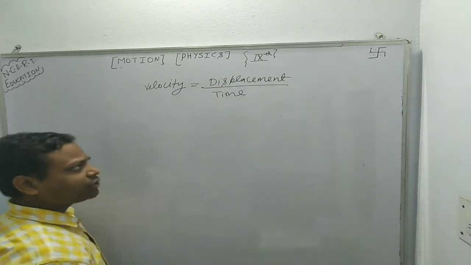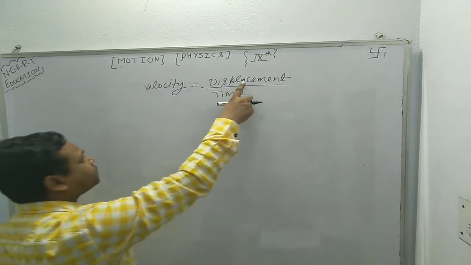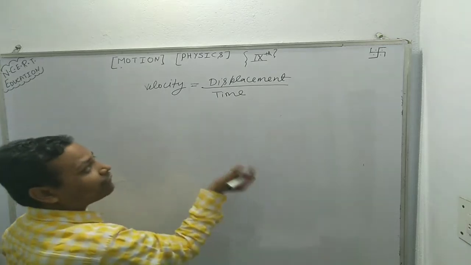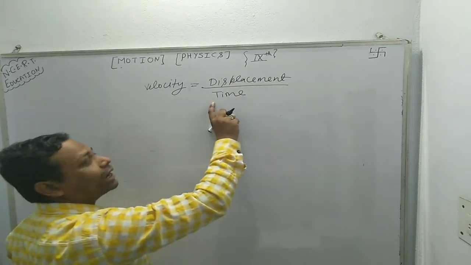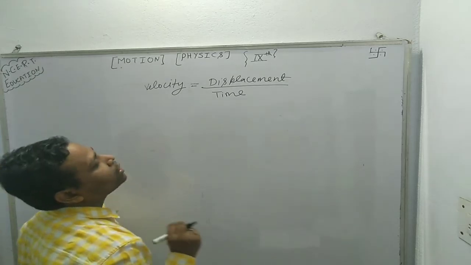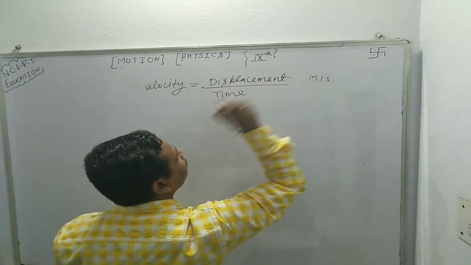Displacement is a vector quantity, so velocity is also a vector quantity. Displacement can be 0, so velocity can be 0. We define it as the displacement traveled by a moving object in per unit time. Its unit is also meter per second.